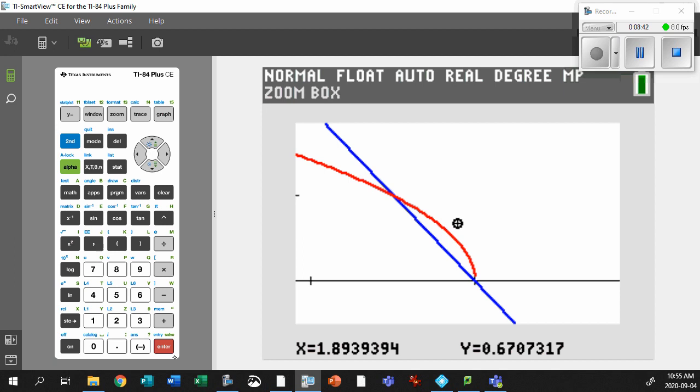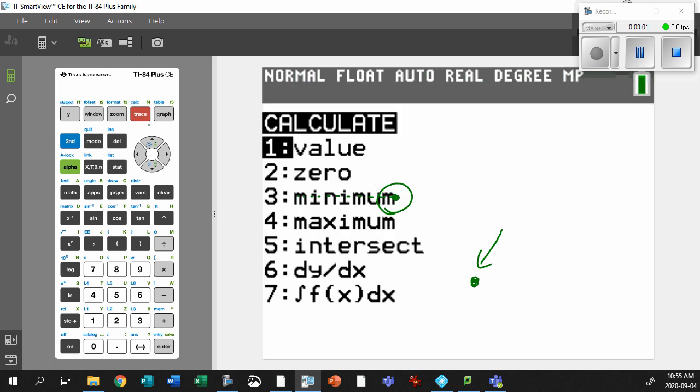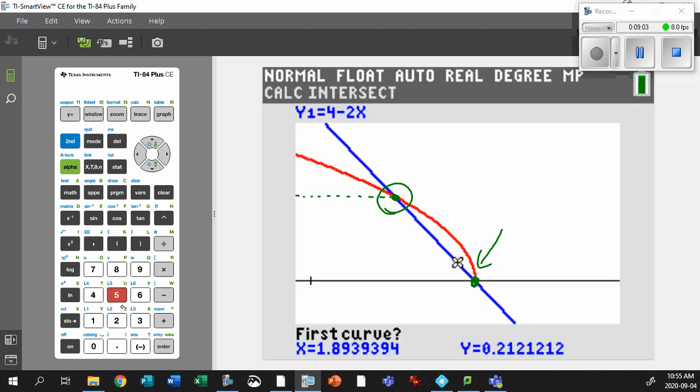So you can see that there's that y equals 1. There's our one invariant point, and there's our other invariant point. We know what that is already because, of course, that is the x-intercept on our original graph. But the one I'm interested in is that one. Remember how to figure that out? You go second, you go calc, you find me that intersect, which is 5. Mouse up close to that point if you want.